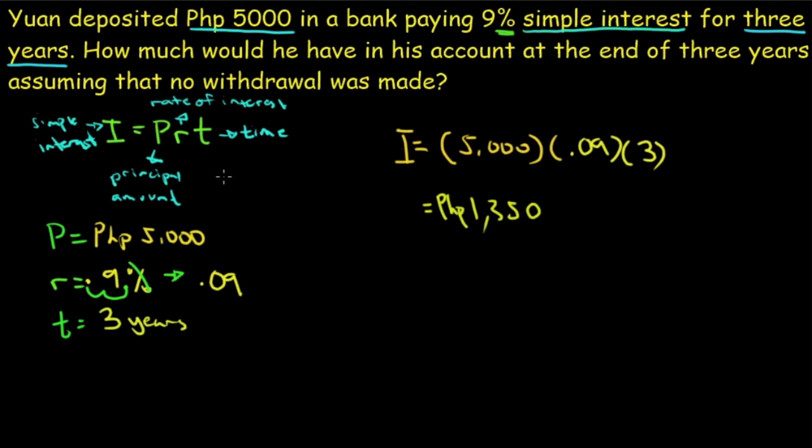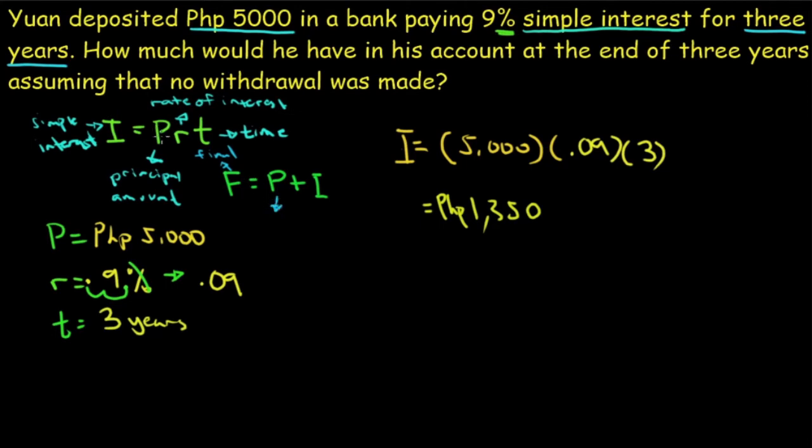Paano mahanap yon? Denote natin yung final amount as F. And to do that, kailangan lang nating idagdag sa principal amount, yung original na pera niya, yung tinubo. As simple as that. So again, F is the final amount.